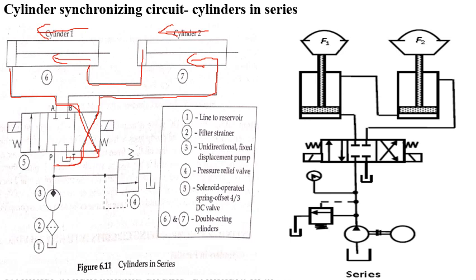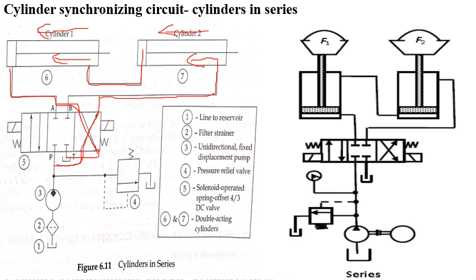This is happening during the retraction stroke of the cylinders. Cylinder 2 retracts first, followed by cylinder 1. So this is the working of the synchronizing circuit when cylinders are connected in series.